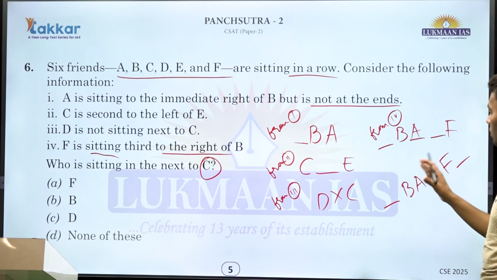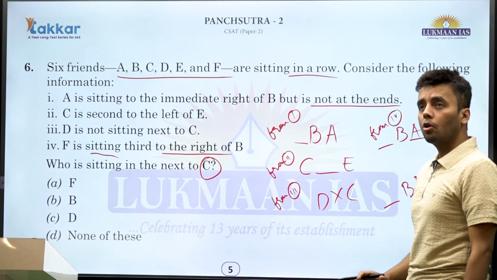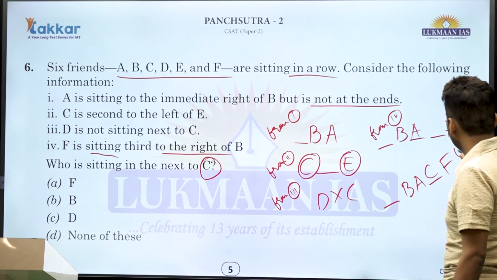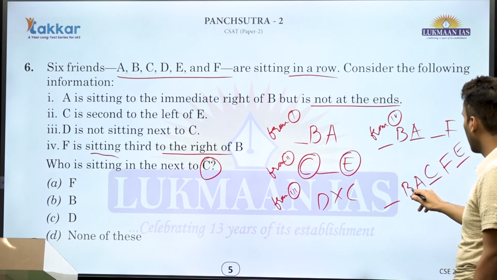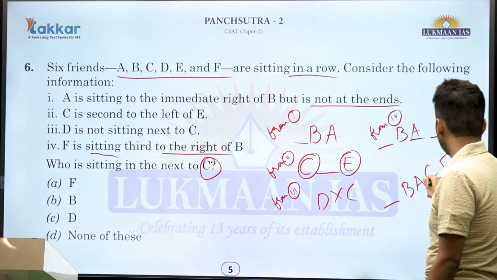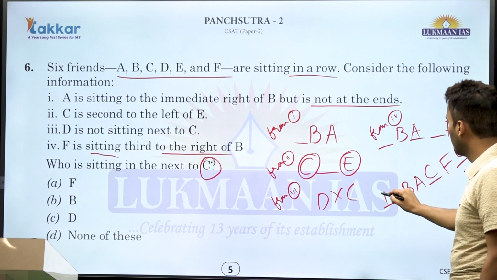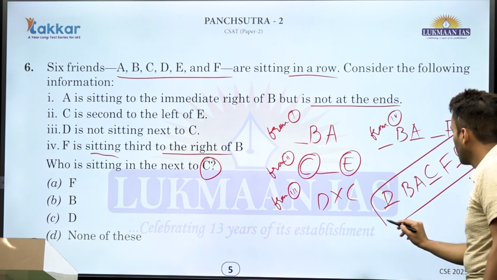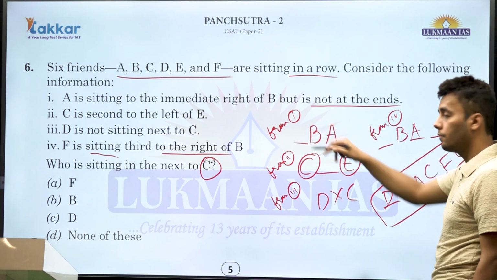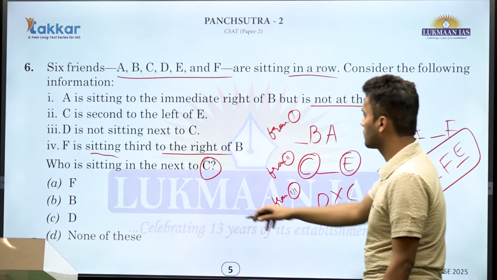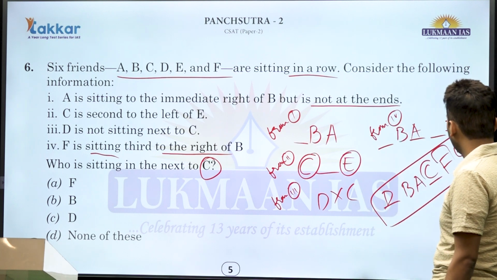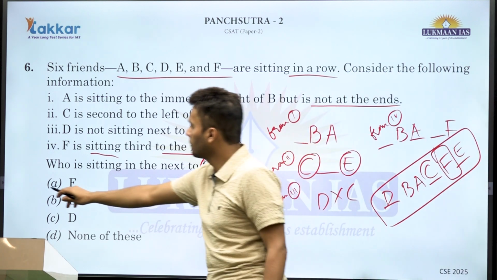The only possible combination is that C and E fill this place, because D does not sit next to C. So this is the possible arrangement based on the given information. What is asked? Who is sitting next to C? Next to C is F. So A becomes the right answer.